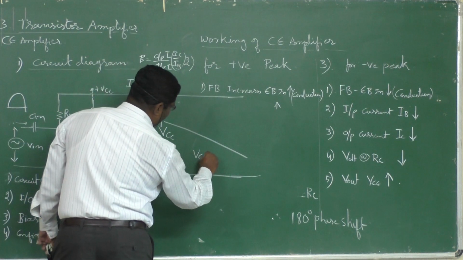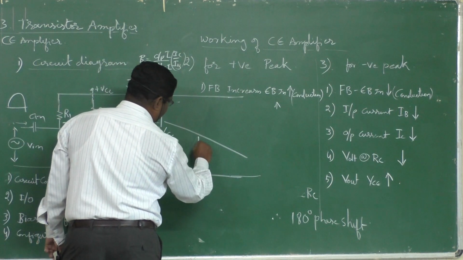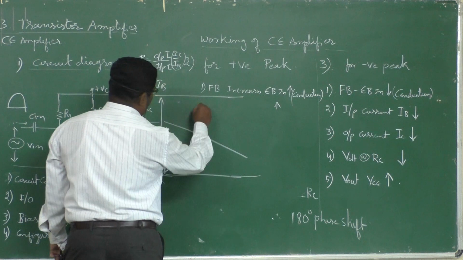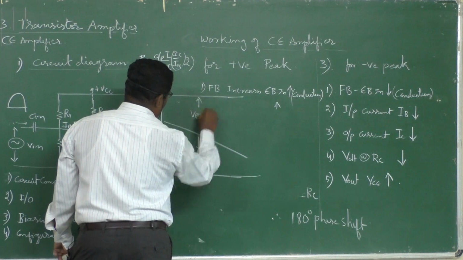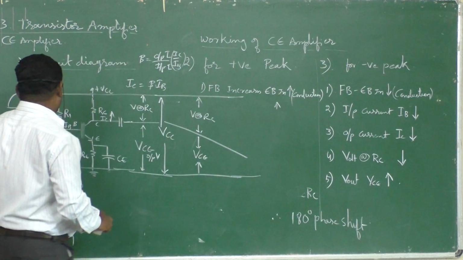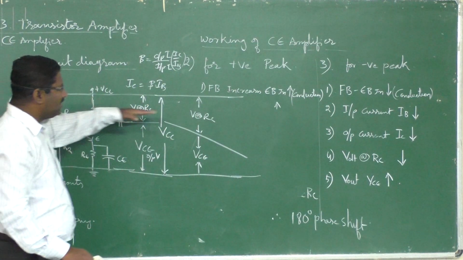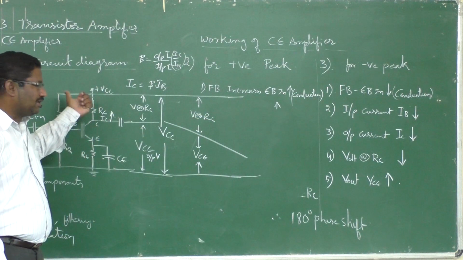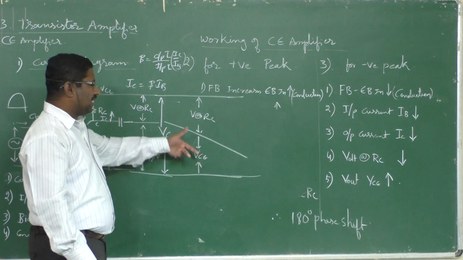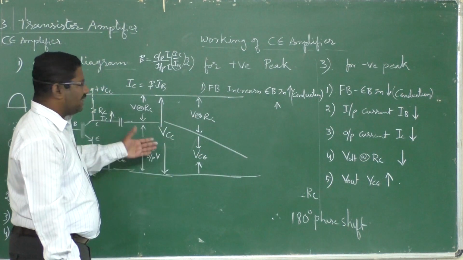This is VCE, and this is reduced. And the voltage at RC is increased. For an increasing signal, the output is decreased. For a positive going signal, the output signal is decreased, and we are getting the inverted or negative phase shift.